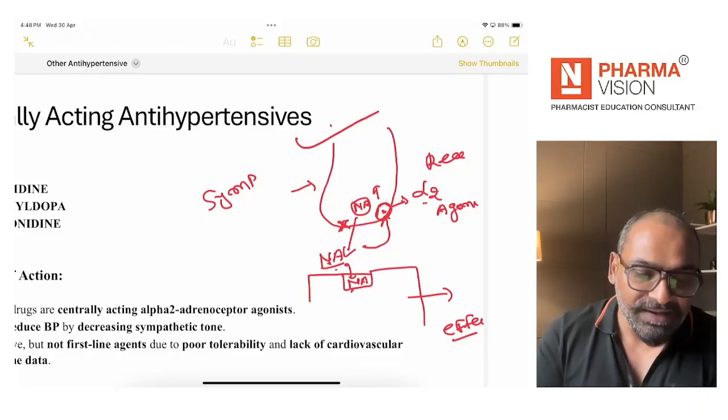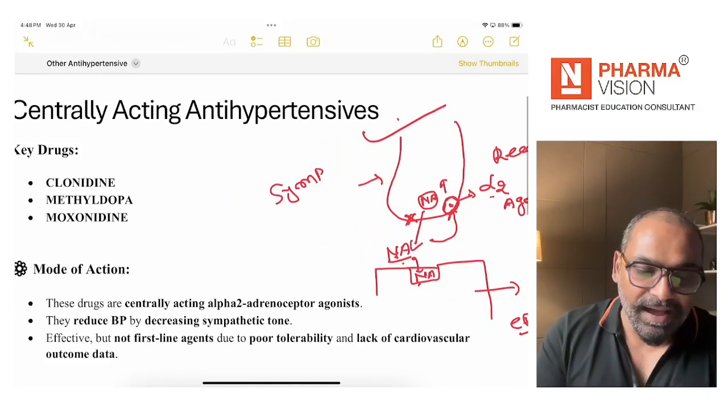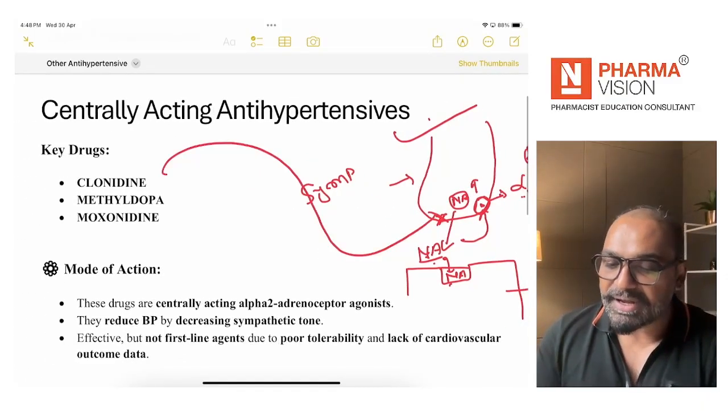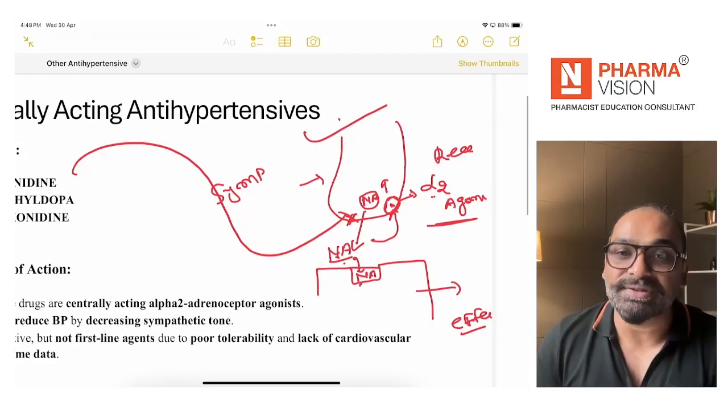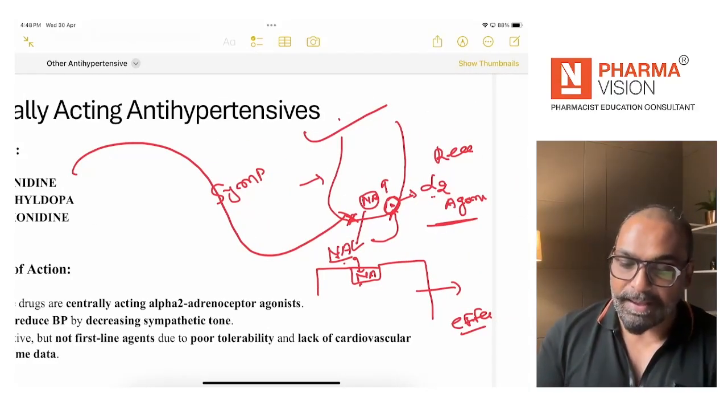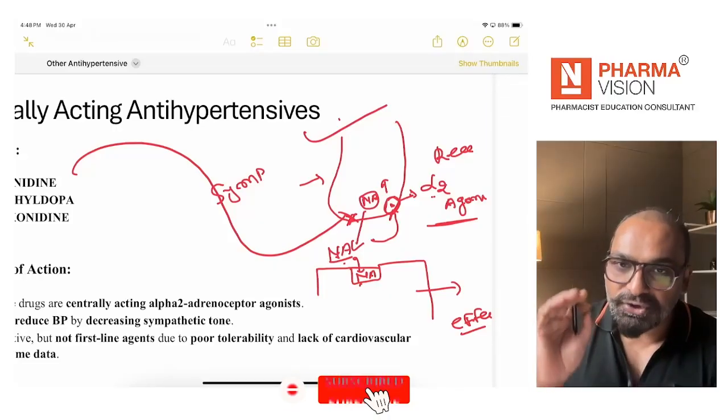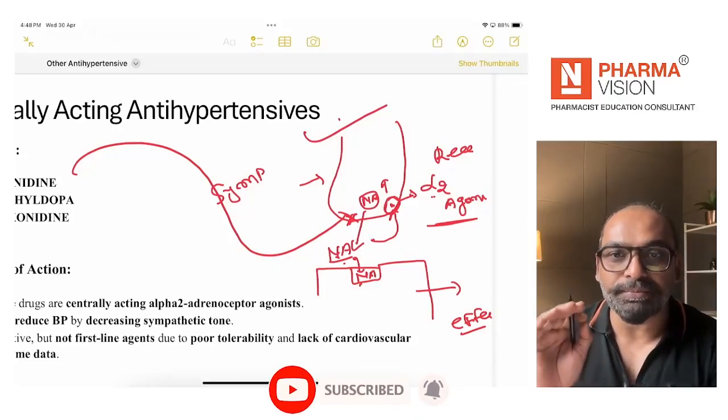Centrally acting medications like clonidine have a mechanism as alpha 2 receptor agonists. Make sure that you don't get confused between two kinds of medications.